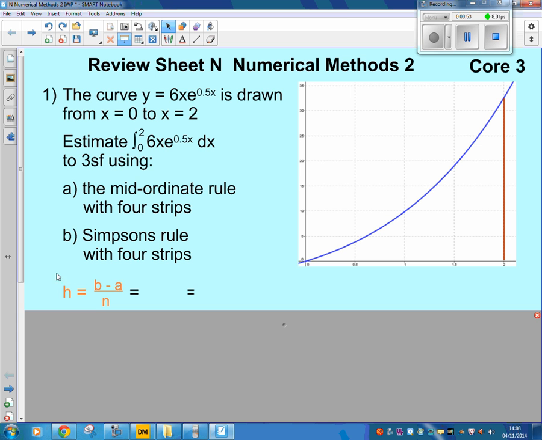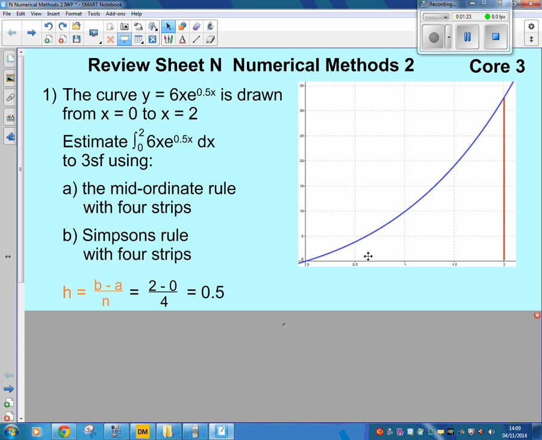We use the same rule as with the trapezium rule: h is (b minus a) over n, where b is the upper limit, 2, a is the lower limit, 0, and n is the number of strips, 4. So it's 2 minus 0 over 4, 2 quarters, a half, 0.5. So each strip is 0.5 long.